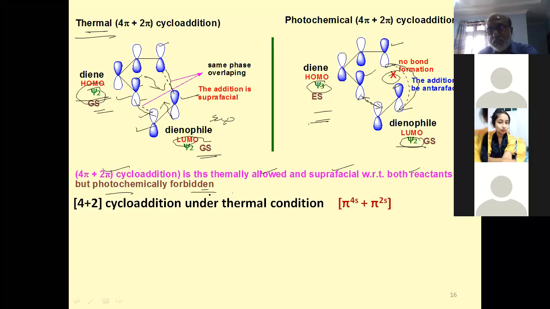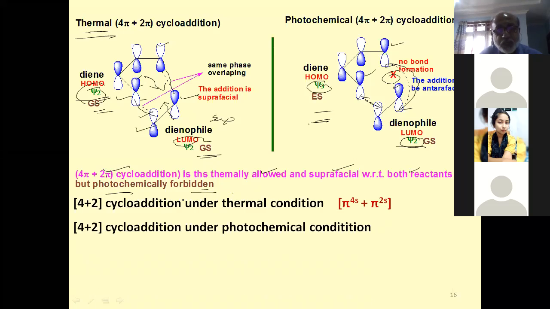It's difficult to write here, so I'm not writing like this. And what is 4 plus 2 under photochemical condition? It is going to be 4s, 2s forbidden. If it is to be allowed, it has to be 4 pi supra and 2 pi antara. Then it will be allowed. But this is going to be geometrically not possible. So this is forbidden, this is allowed.